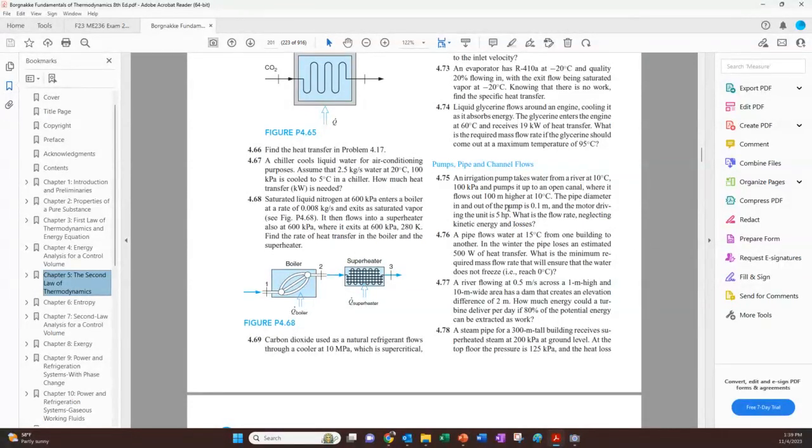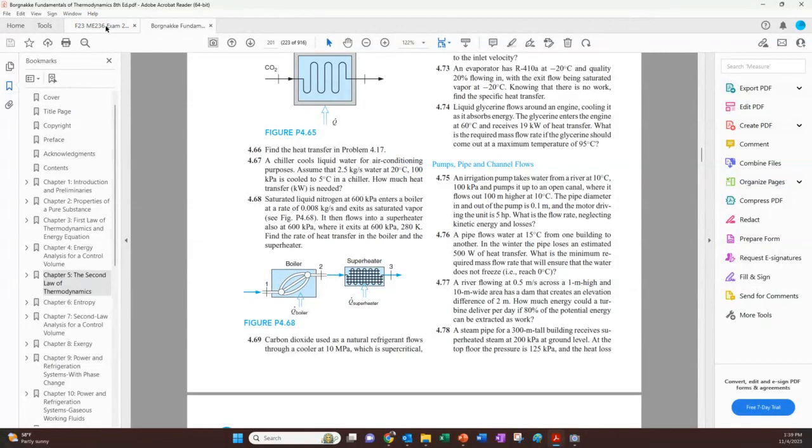I don't think we need that. We don't need anything to do with temperature. All right, so I don't know. We might have a better problem coming up here. Water flows from one building to another in the winter. The pipe loss has to be 5 watts of heat transfer. What is the minimum required mass flow rate that will ensure?